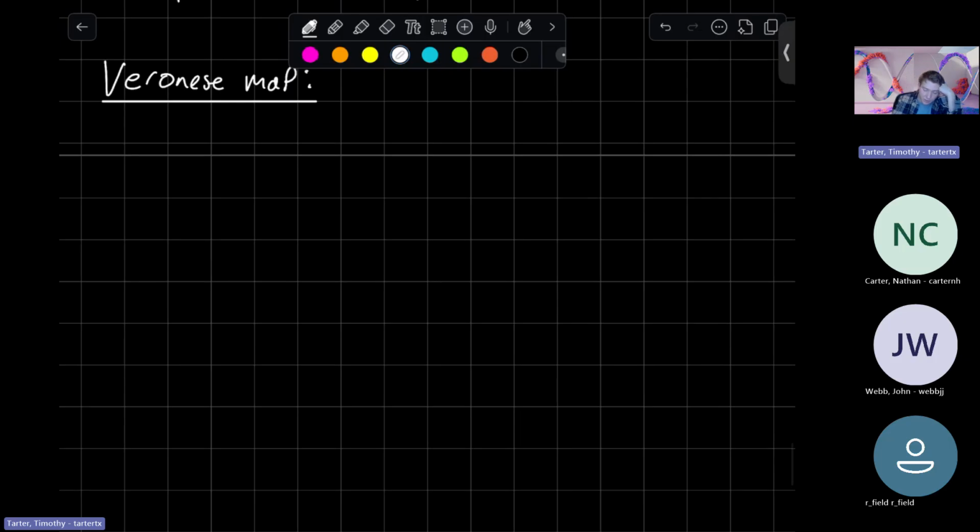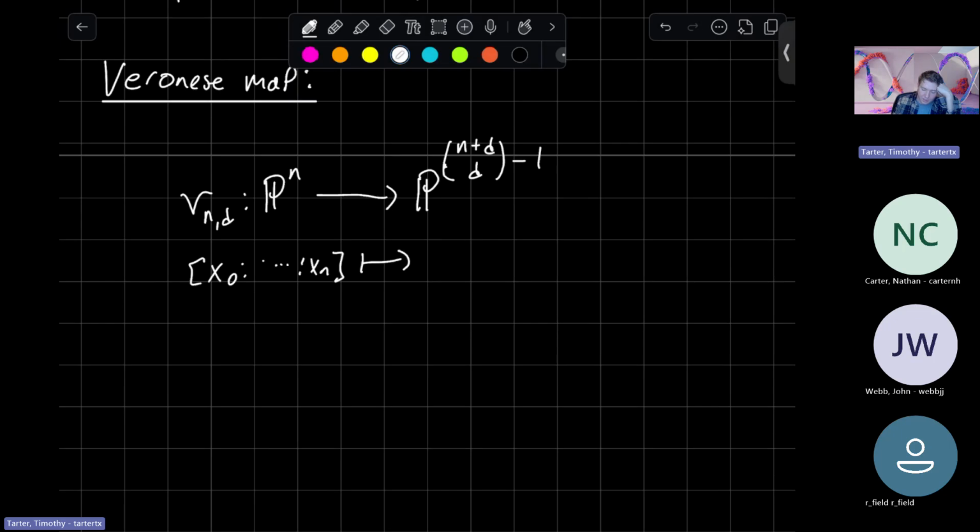So the Veronese map v_{n,d} from Pn to P^(n+d choose d minus 1) sends x0 to xn to power products of the xi of degree d.